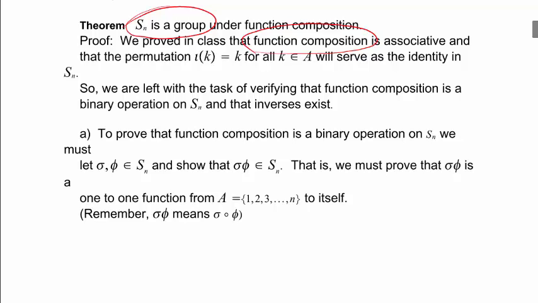We have to show that function composition is a binary operation, and remember, that just really means showing closure. We need to show that sigma phi is in Sn. The membership rule for Sn is that whatever is in there is a one-to-one mapping from A to A. So that's what we're going to prove.